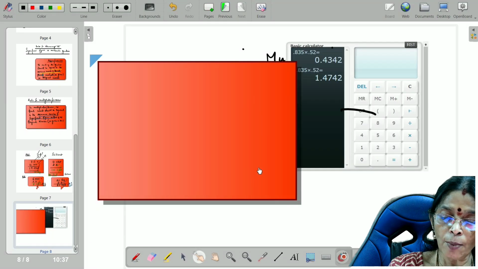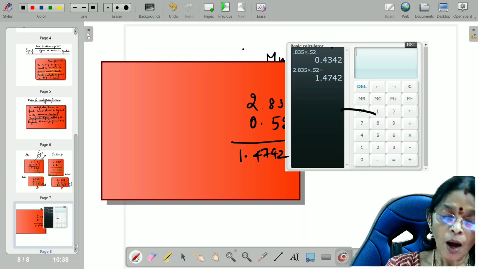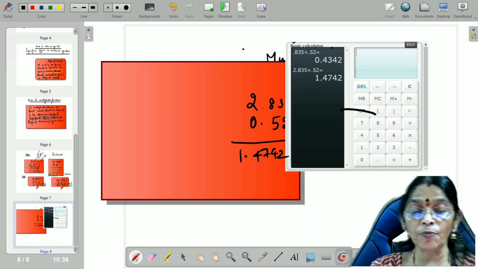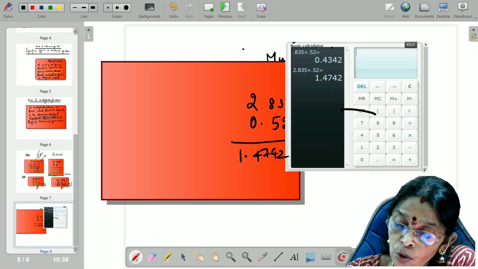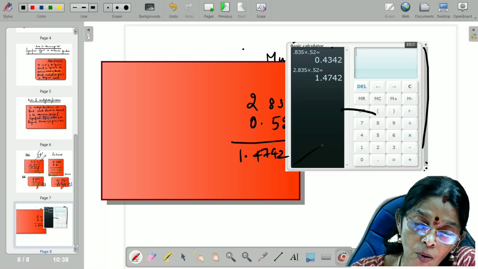Now 1.4742. How to round off? How many significant figures are there? We have seen, no? So we'll see how many significant figures, and accordingly we'll do it.